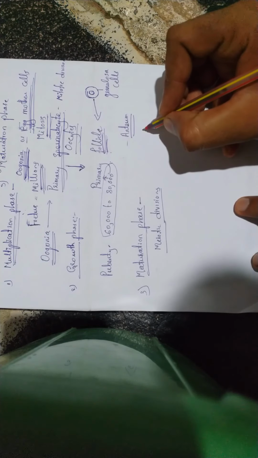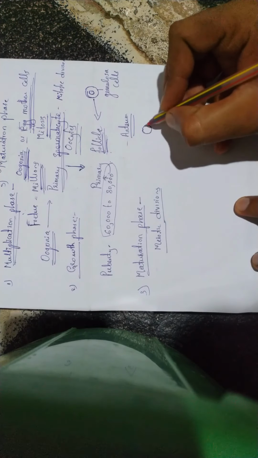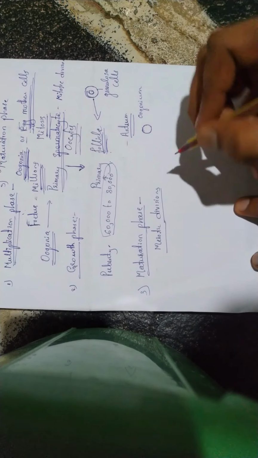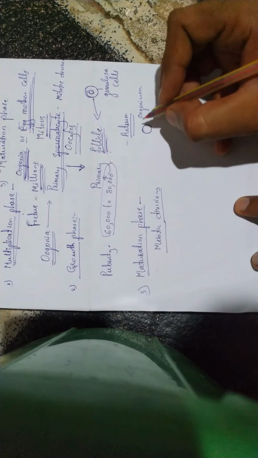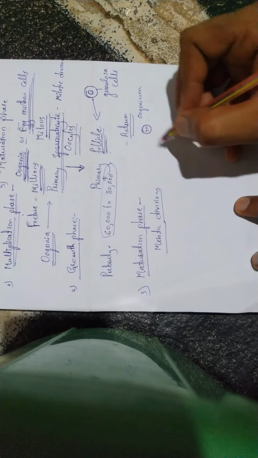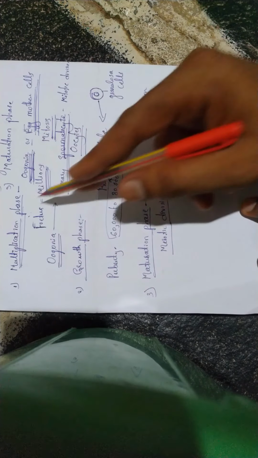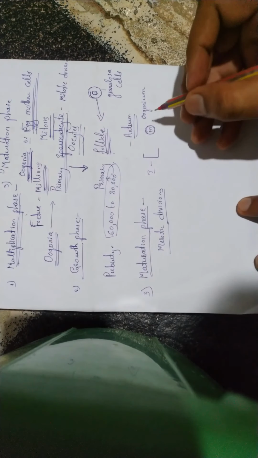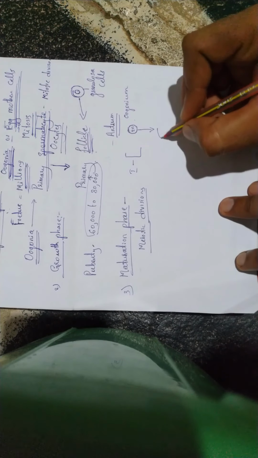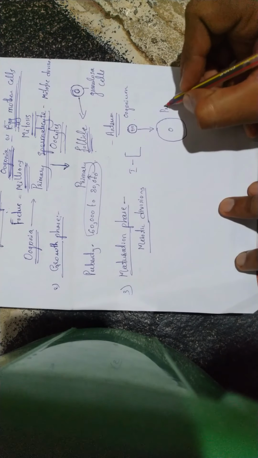Suppose this is the oogonium, or egg mother cell. This oogonium has 46 chromosomes, meaning 2n. This is called the first phase, the multiplication phase, and it develops as the primary oocyte.